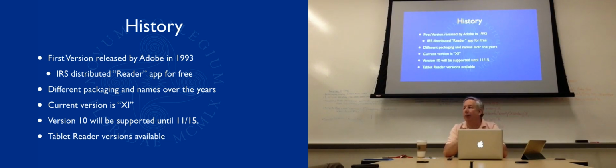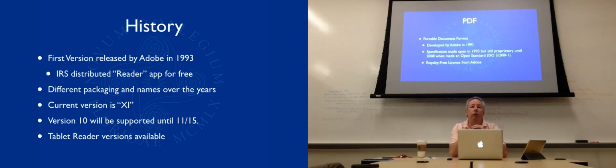Not sure what that really means other than maybe some security updates, which could be some concern. There are tablet versions of certainly the Reader tool that are available for iPhones and Androids and iPads and whatever, but generally not the creation tools. It's pretty much the Reader tools there, and there's lots of third-party ones out there.